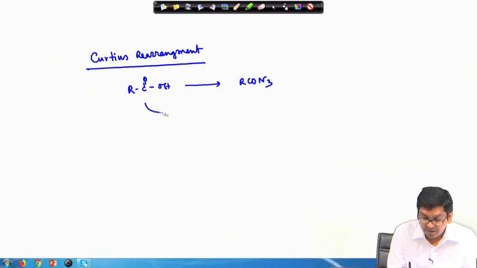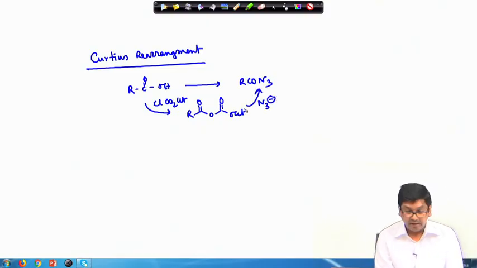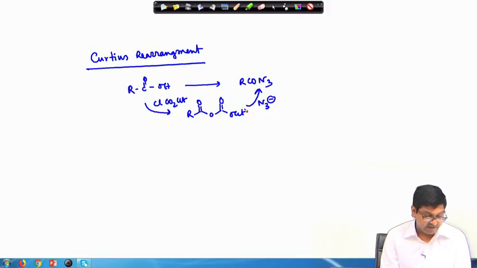First you can treat with ethyl chloroformate, and this will first give you the mixed anhydride. Then you can treat with some azide source, and that will give you this acyl azide.